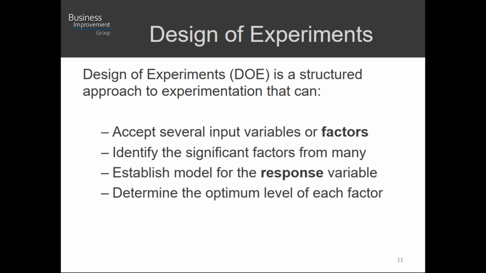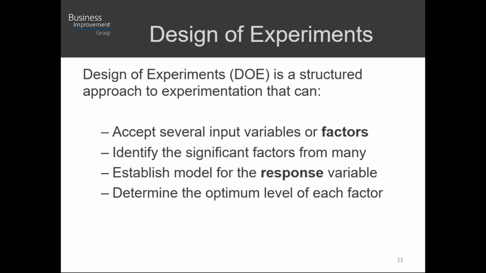So design of experiments, if we can't use those two techniques, which are very intuitive and folks would naturally want to lean towards, what can we use? And the field of design of experiments was put together as a structured approach to experimentation. It allows us to accept several input variables, or what we call factors.